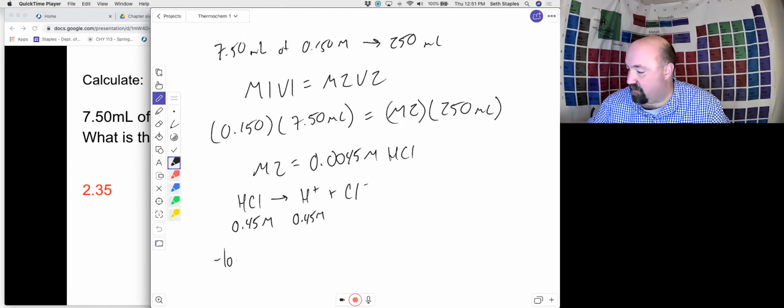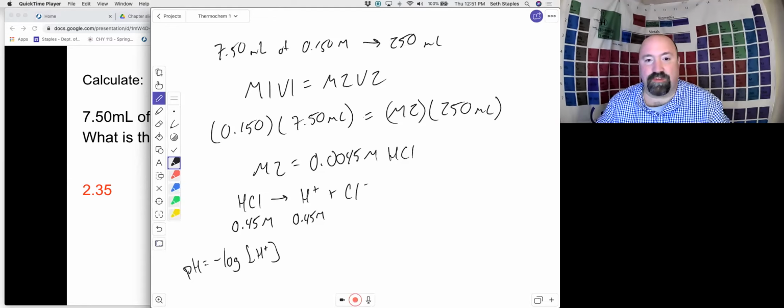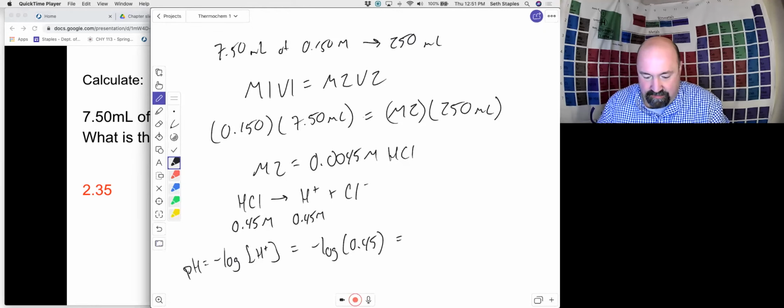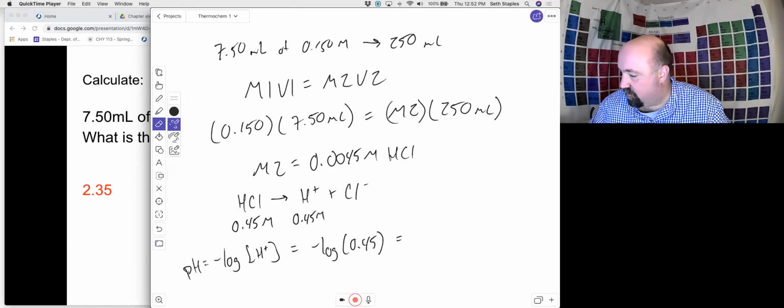And we use that to then calculate our pH, which is equal to the negative log of the concentration of H+ ions. So we have negative log of 0.0045. I'll just double check. Sorry, let me fix those so I don't throw anyone off.